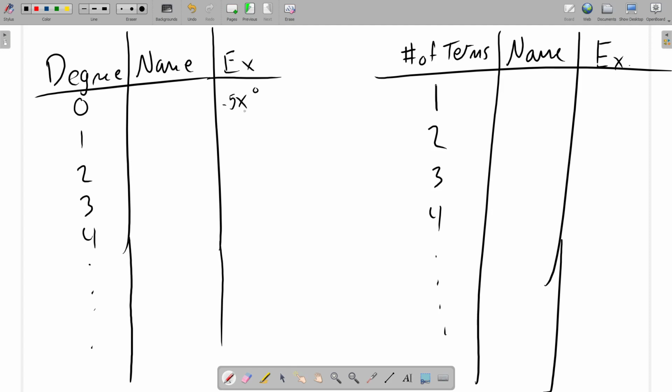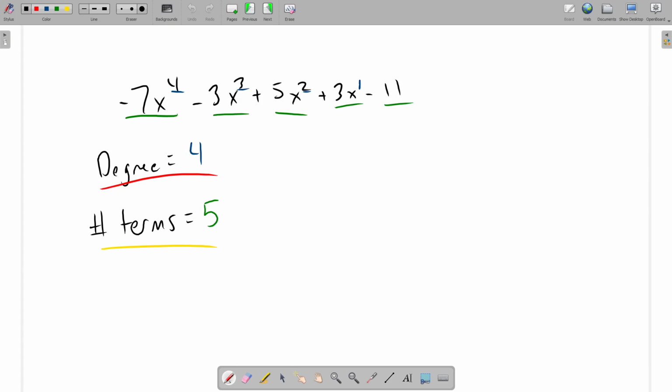I can't have an x squared, I can't have an x cubed, because the degree has to be 0. This, with the degree of 0, is a constant. If I go back to the previous page, there's really an x to the 0 here, and that is my constant term.